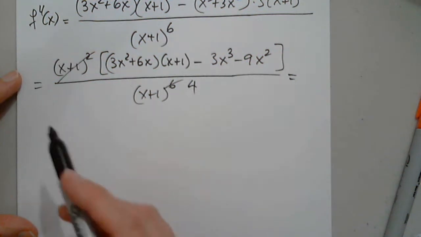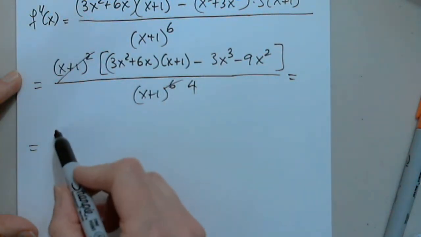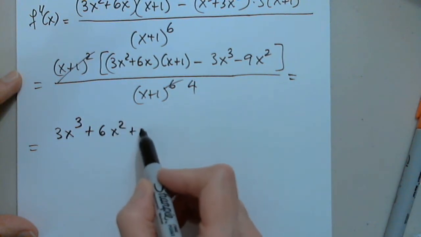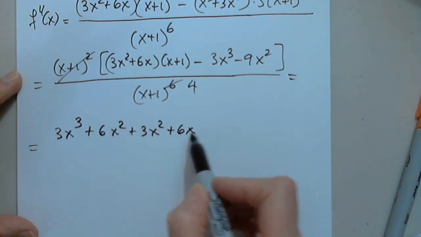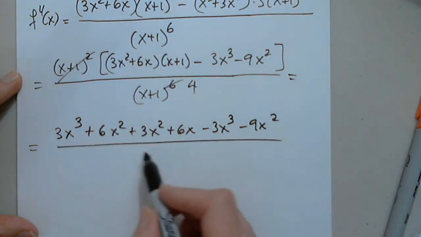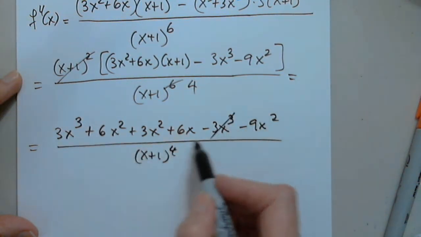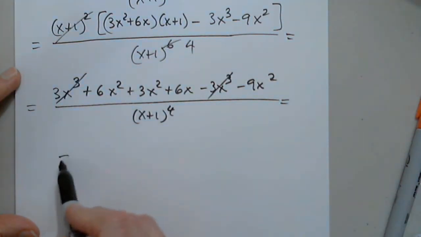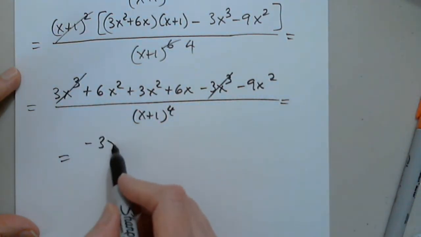Good. So what do I have here? 3x^3 + 6x^2 + 3x^2 + 6x minus 3x^3 minus 9x^2 over (x+1)^4. These two go away. This is minus 3x.